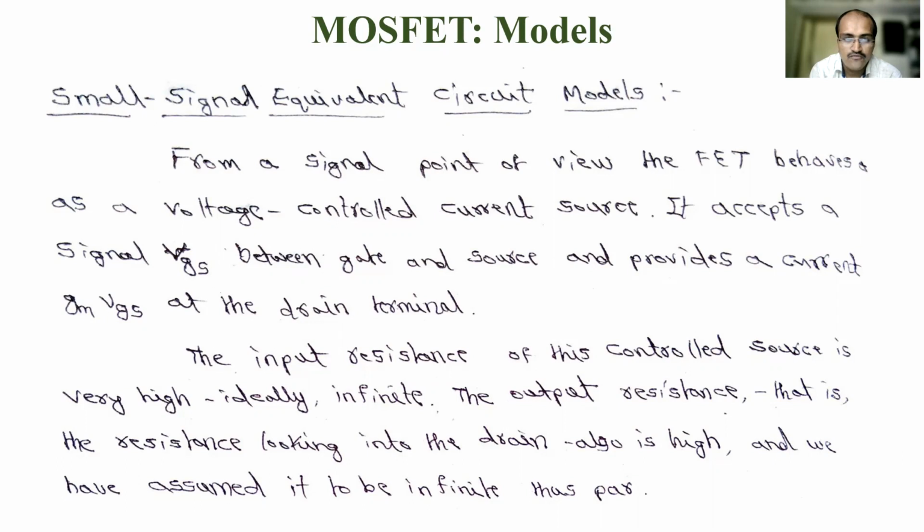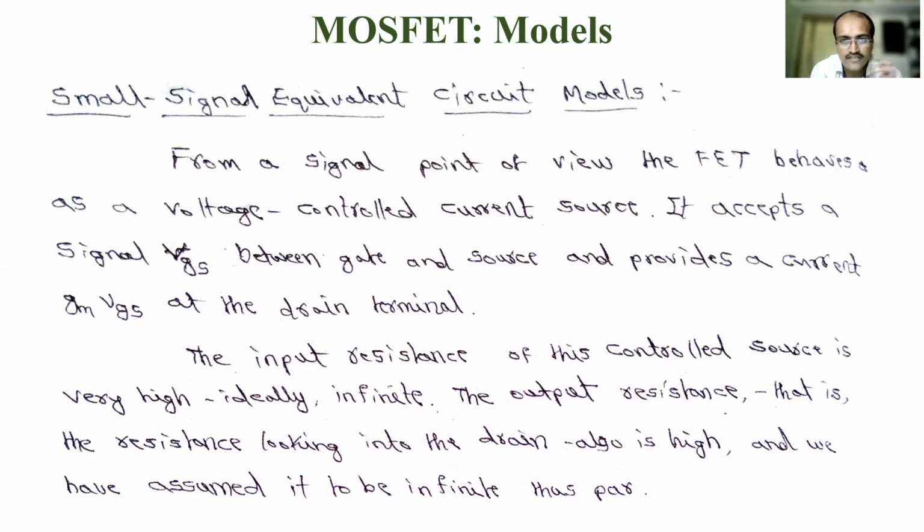Now, models. If you have a resistor, inductor, or capacitor in your circuit, you know the VI relation and you can apply KVL and solve it. But when a MOSFET symbol is there, how do we analyze that?